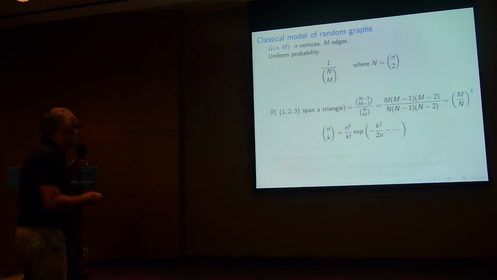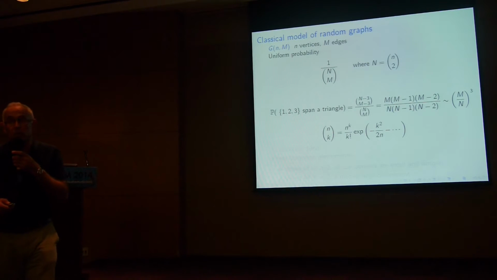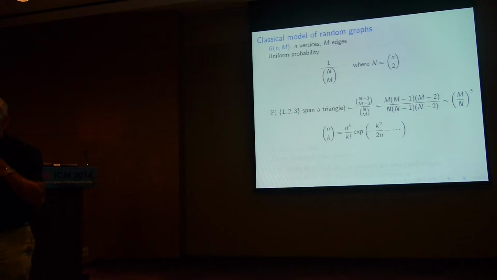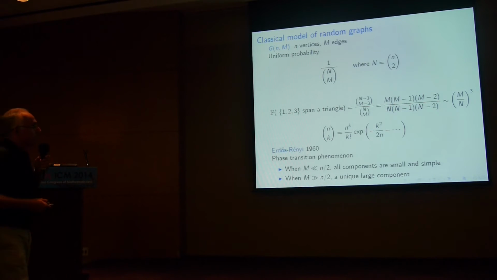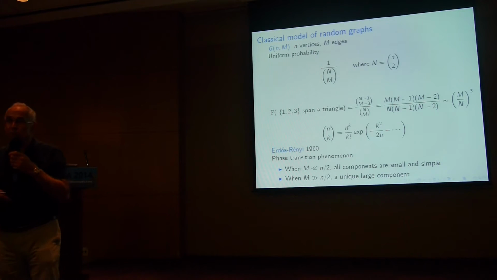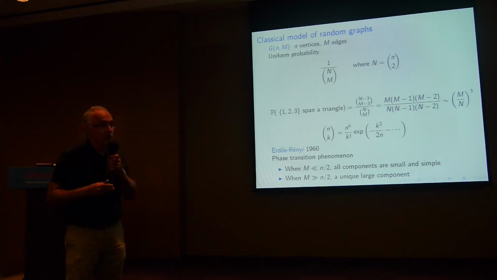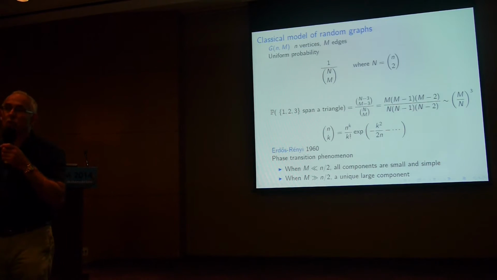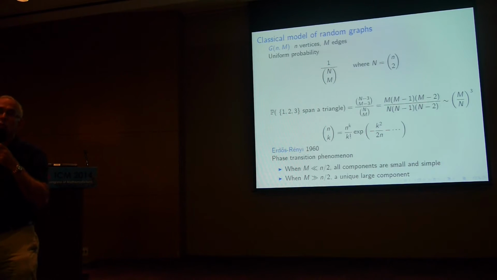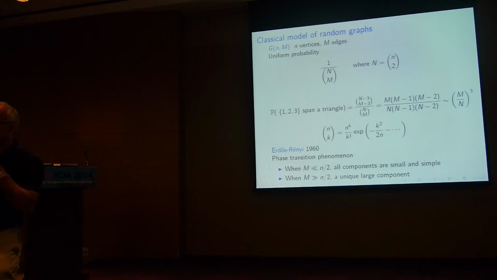Okay? Well, this was the model introduced in the fundamental paper that we all know by Erdős and Rényi in 1960, in which already they prove many results, but probably the best known, the most spectacular, is this famous phase transition phenomenon that says that when the number of edges is small compared to n over 2, and you have to think that n over 2 is when the average degree is 1. So when the average degree is 1, everyone has a chance to be connected to someone else.